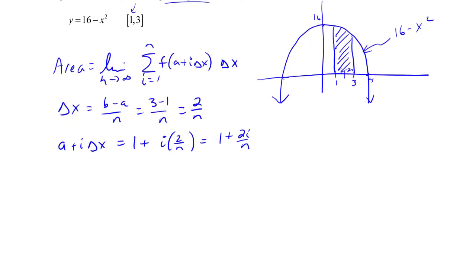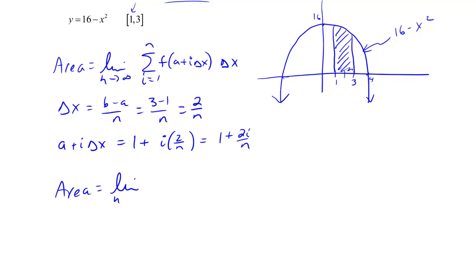Okay. Let's put that back into our area formula here: sum i equals 1 to n, f of this a plus i delta x, 1 plus 2i over n, times delta x, which is 2 over n.